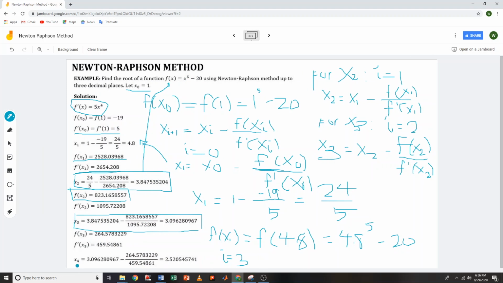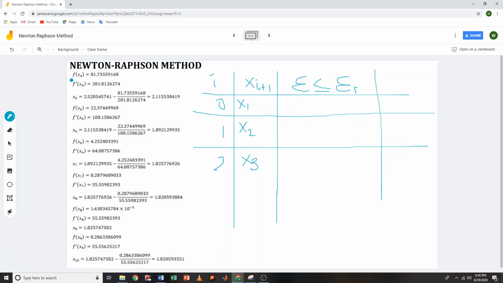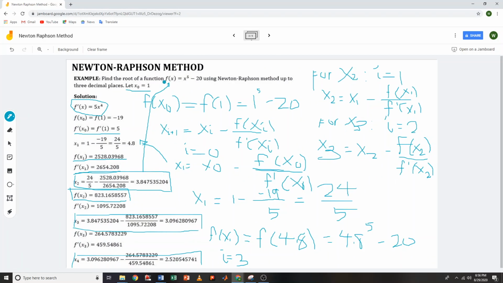So we have already found x4. To continue, we have to solve f of x4. Again, use this equation, and for the derivative, use this equation also.